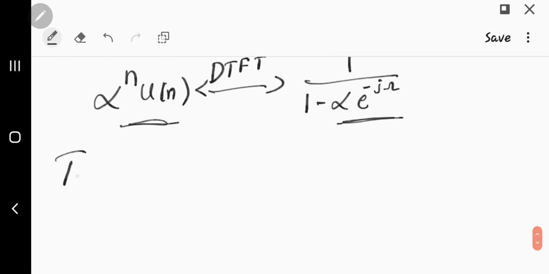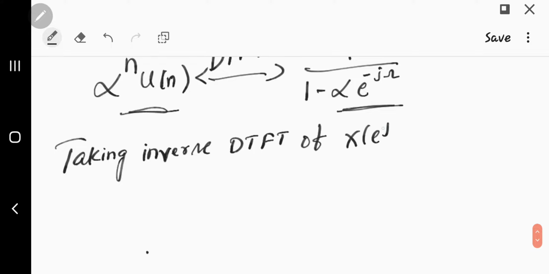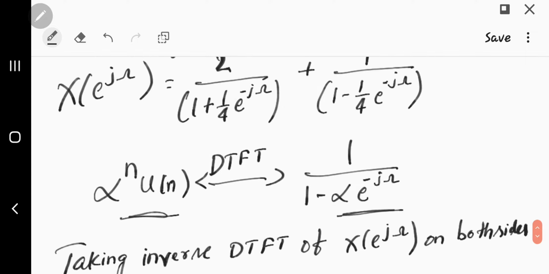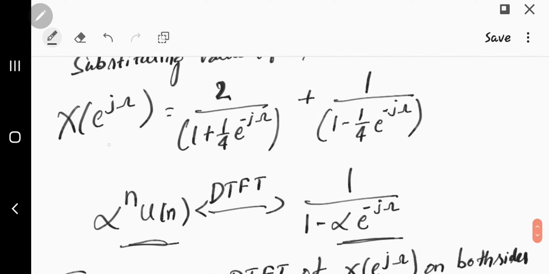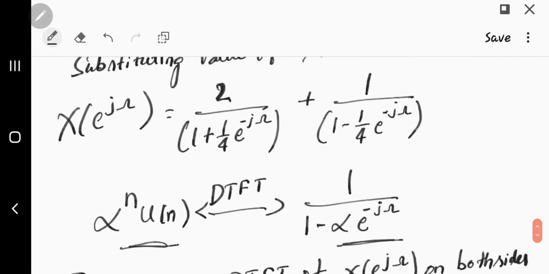So based on this, taking inverse DTFT of X(e^{jω}), this has to be done on both sides. If you reverse the process, X(e^{jω}) will give us x[n].